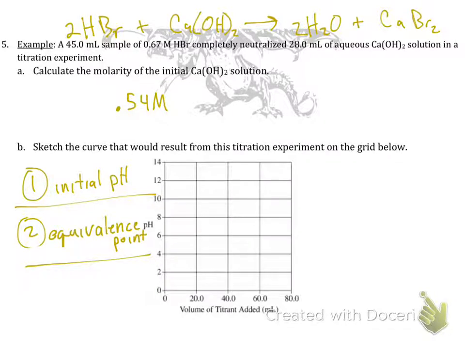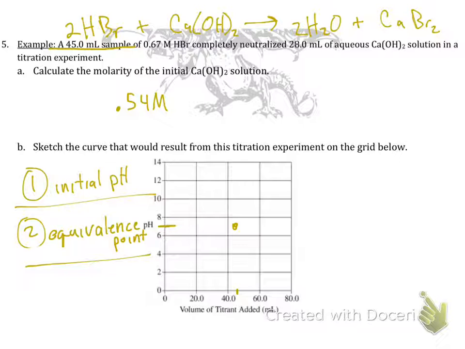The equivalence point is actually the easier one to do, so let's go ahead and do that. The equivalence point is the point at which the acid or base is neutralized. So it's going to occur somewhere at a pH of 7, and it tells us right here that it took 45 milliliters to get to that point where it's neutralized. And 45 is probably around there. So our equivalence point is probably right there.